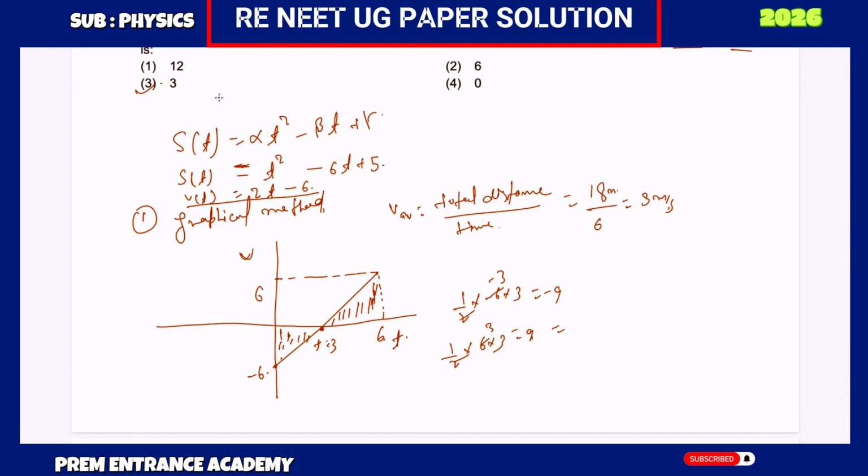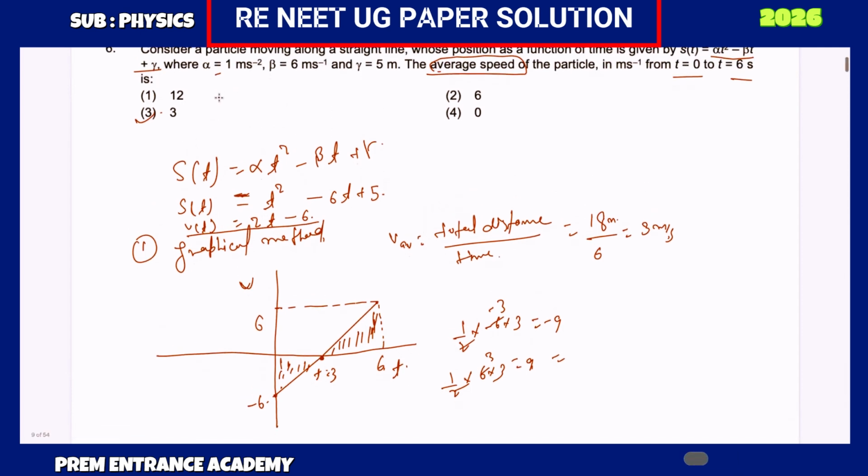See, there is another simple calculation method, a logical reasoning method where you can do this question in a very simple way. This is the second method. The equation is S(t) = t² − 6t + 5.